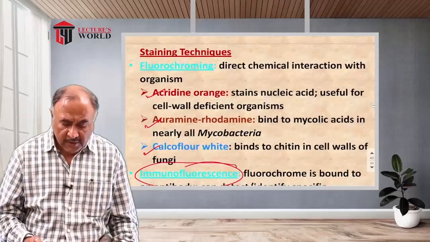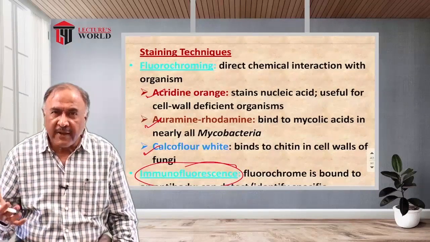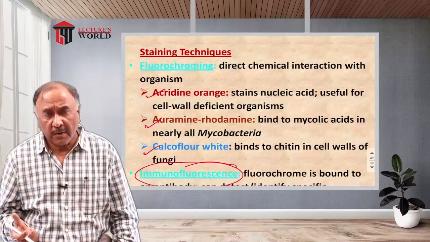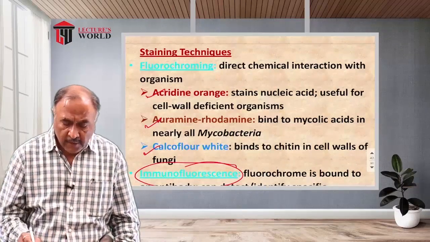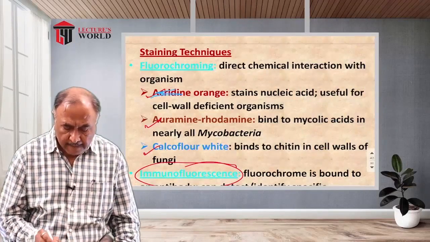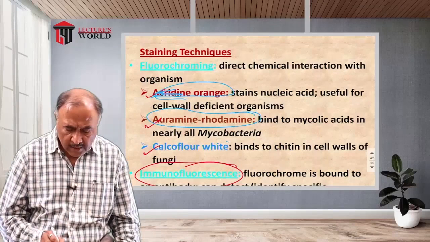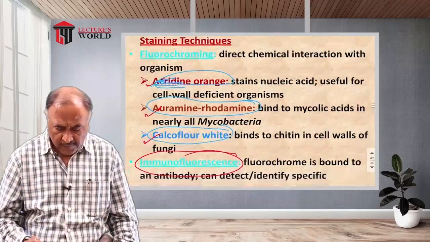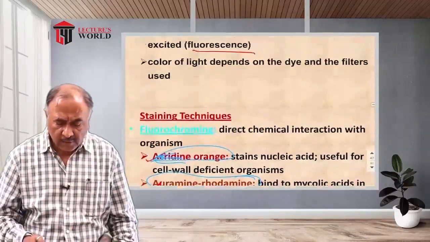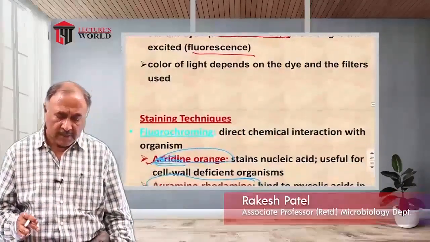The fluorescent techniques, also known as fluorochroming, can use various fluorescent dyes, and the most prominent among them are acridine orange, auramine, rhodamine, and calcofluor white. So, these are various staining techniques used for staining purposes.